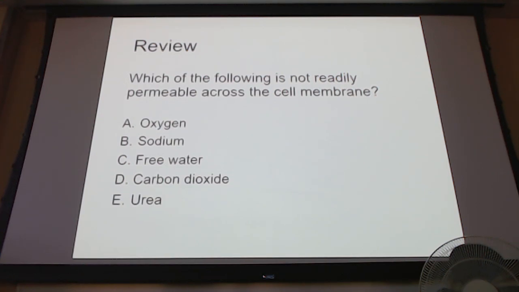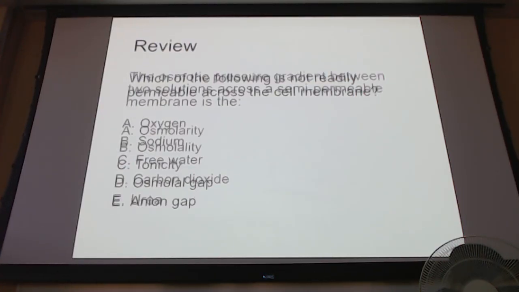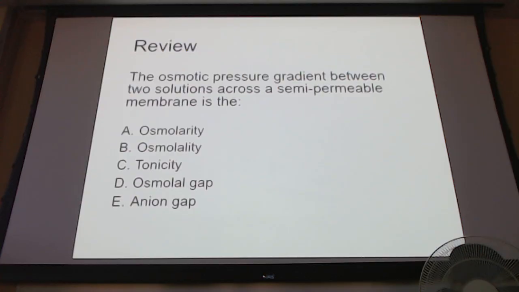Sodium? Sodium. Not readily permeable across the cell membrane. Tonicity.